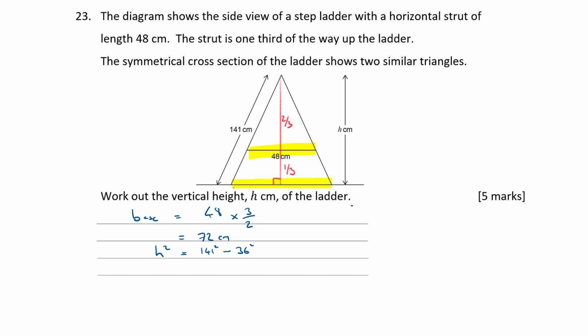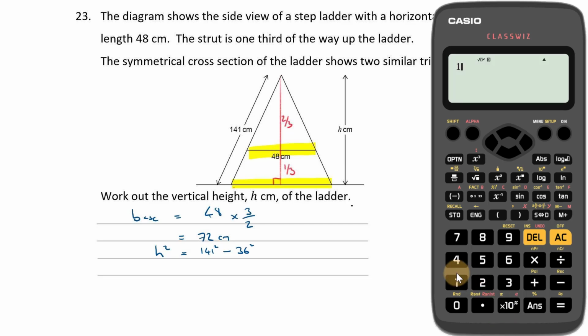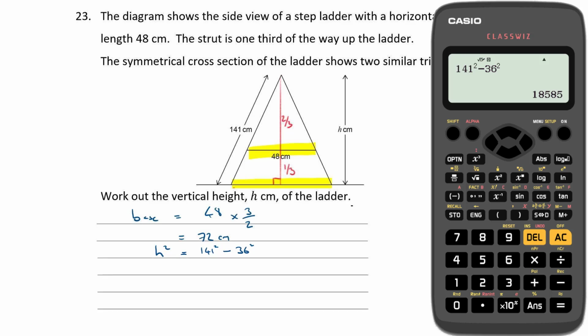So what is 141 squared minus 36 squared? 141 squared minus 36 squared comes out to be 18,585.